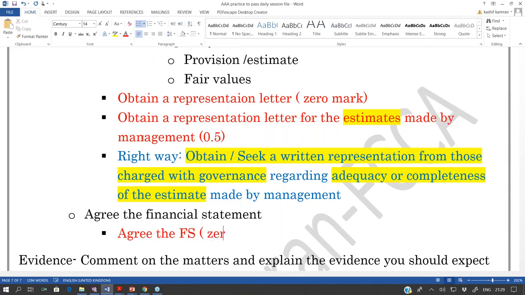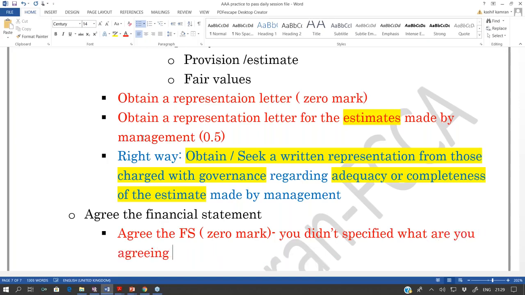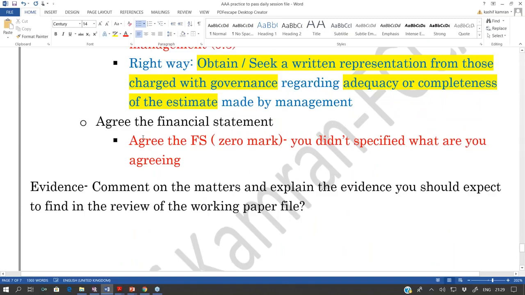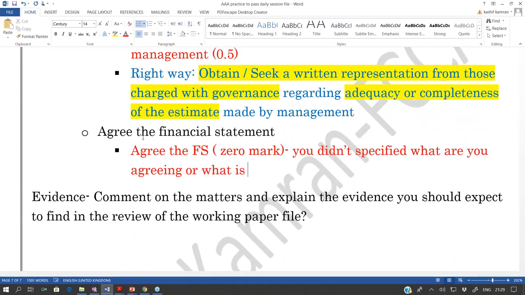This is straight away 0 marks because you didn't specify what you are agreeing from the financial statements, or what the reason is to agree. You didn't tell what you are agreeing with, and you didn't tell the reason to agree.